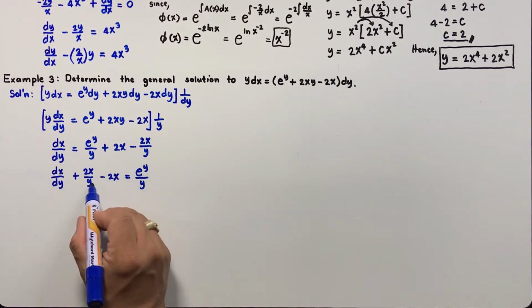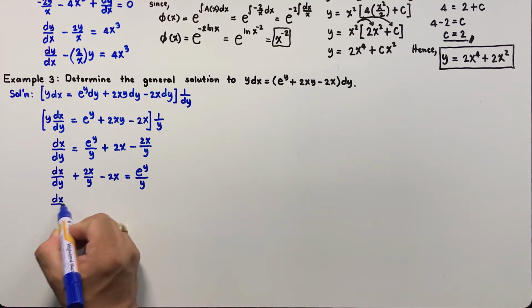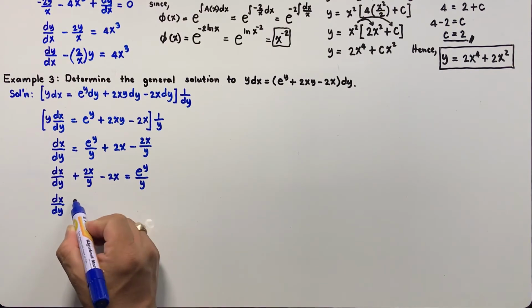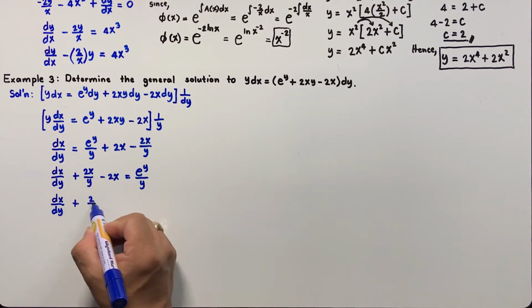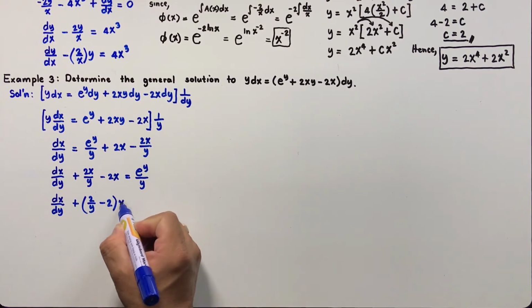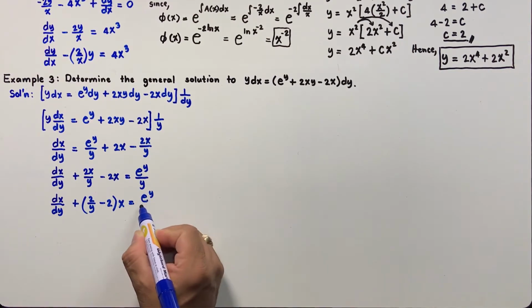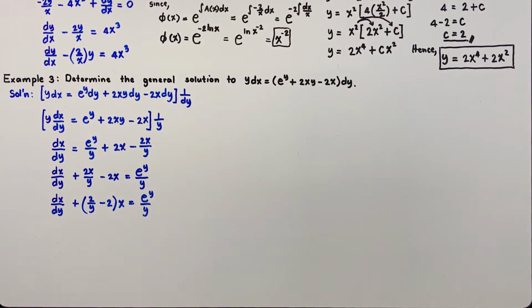So factoring out x in these two terms, we have dx over dy plus 2 over y minus 2 times x, which is equal to e to the power y over y here.